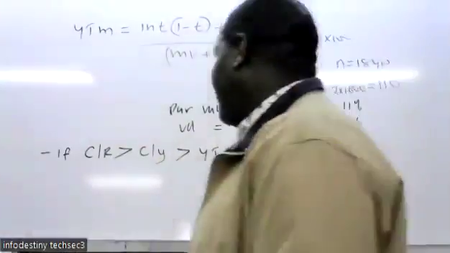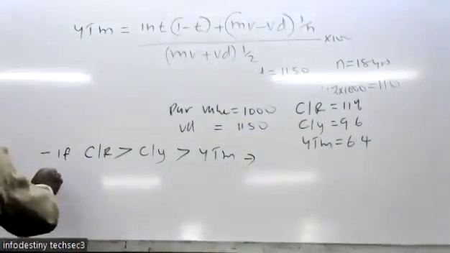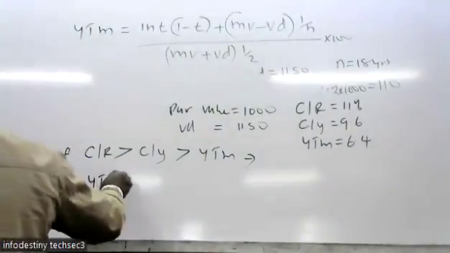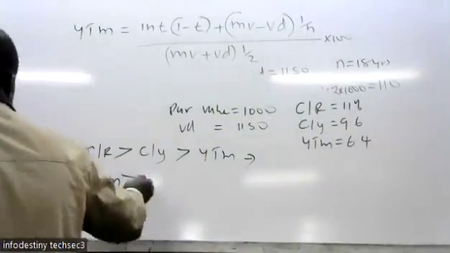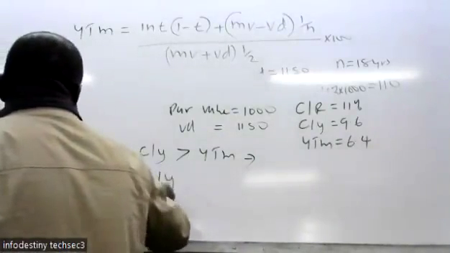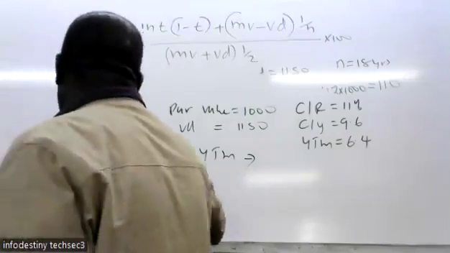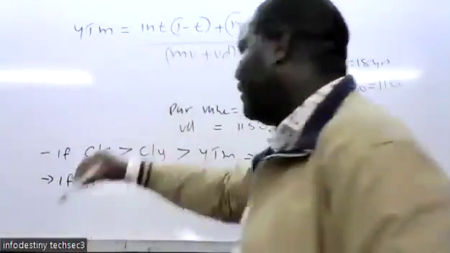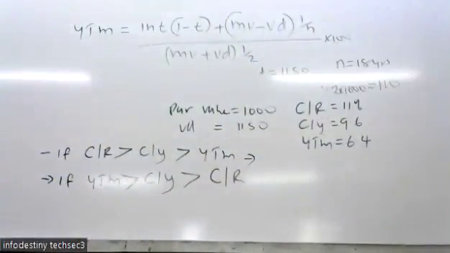Then the second dash, we also say that if the yield to maturity is greater than the current yield, which is also greater than the coupon rate. So I've just reversed that.